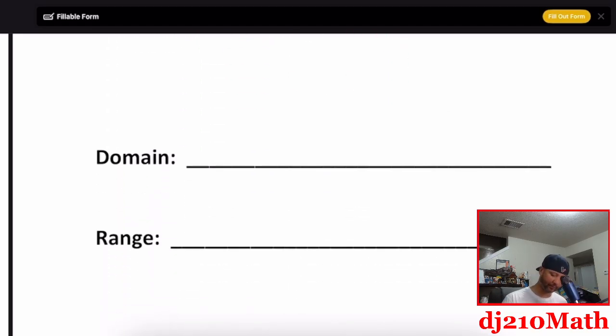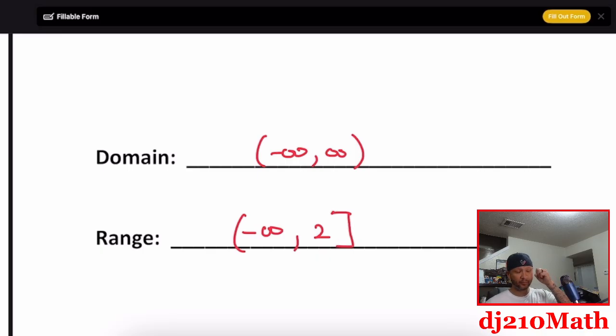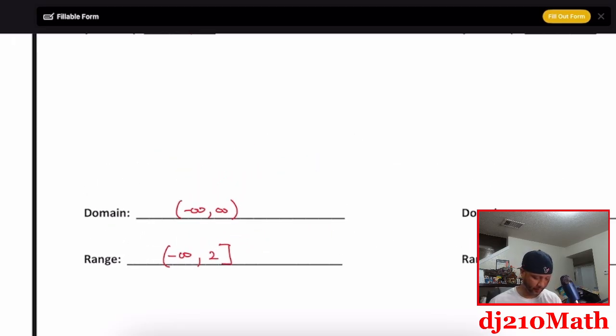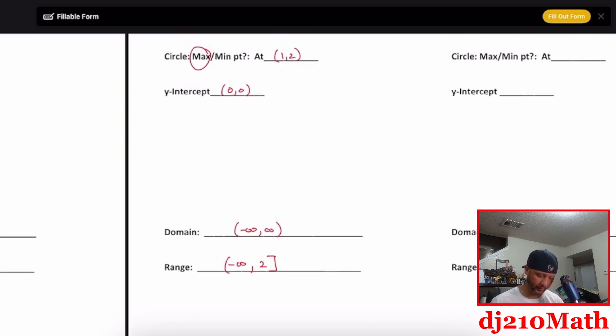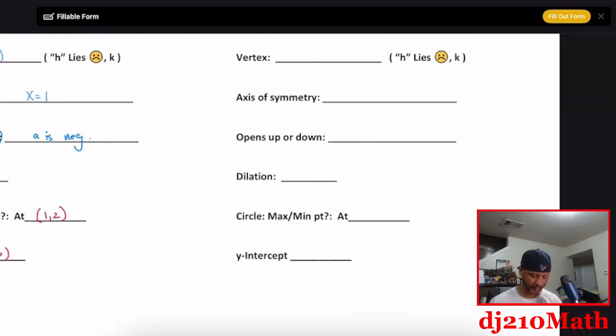Domain, all real numbers. And then the range, since it opens down, it's going from negative infinity up to 2 with the bracket. So negative infinity towards the y part of the vertex.